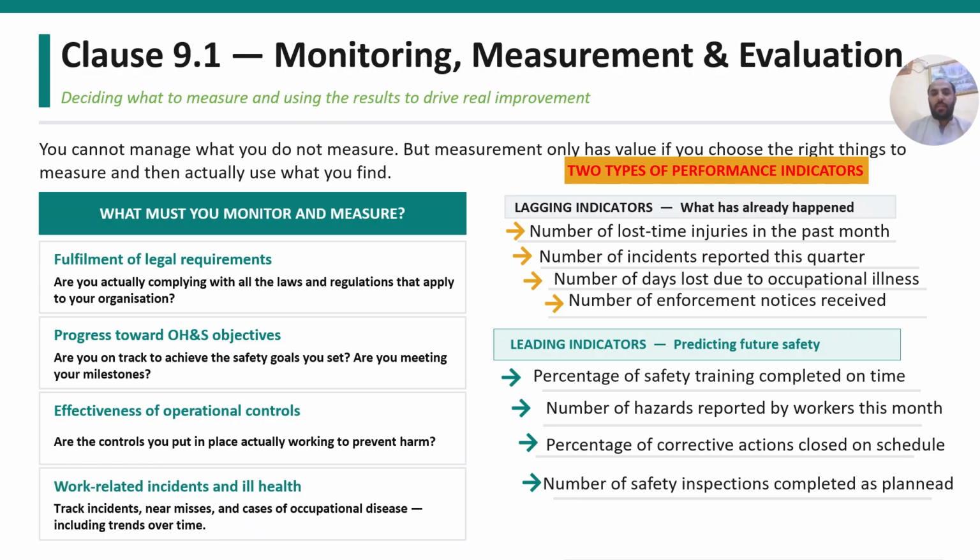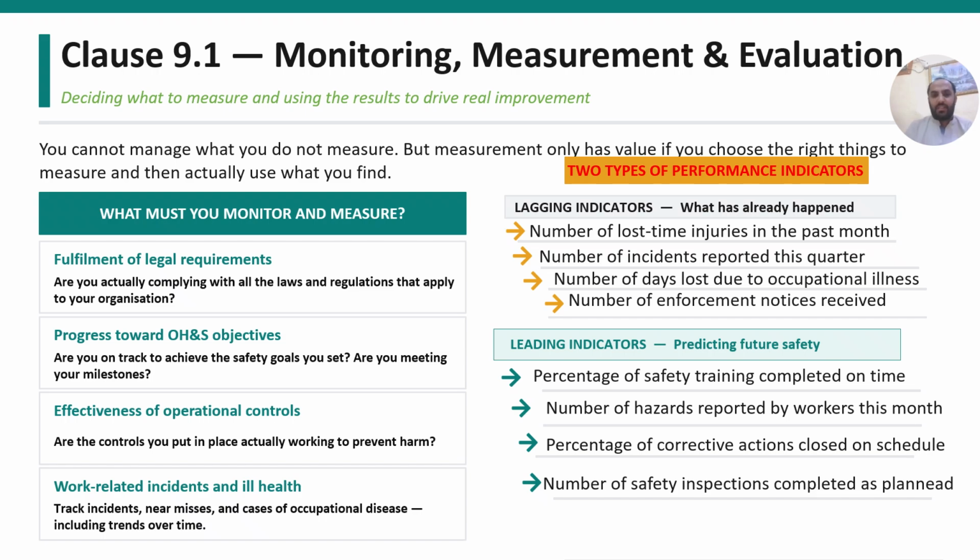The second type is leading indicators. These measure activities that predict future safety performance. For example, what percentage of planned safety training has been completed on time? How many hazards have workers reported this month? What percentage of corrective actions have been closed on schedule?